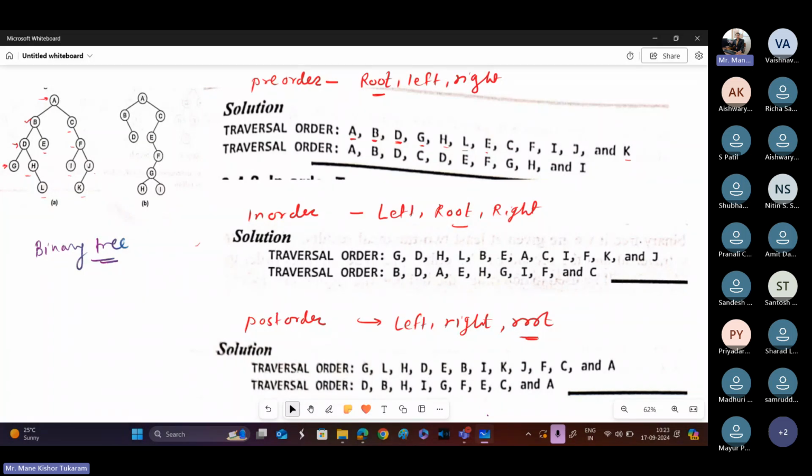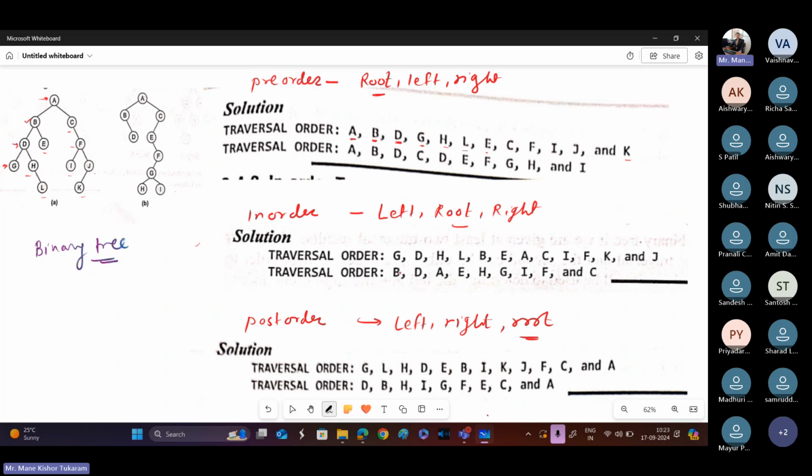Inside the left, if again left elements are there, you have to process that particular left node and then go to the right nodes. Okay, so similarly for this particular tree, this same sequence is generated. So A first, then B, D, then C, E, F, G, H, and I.